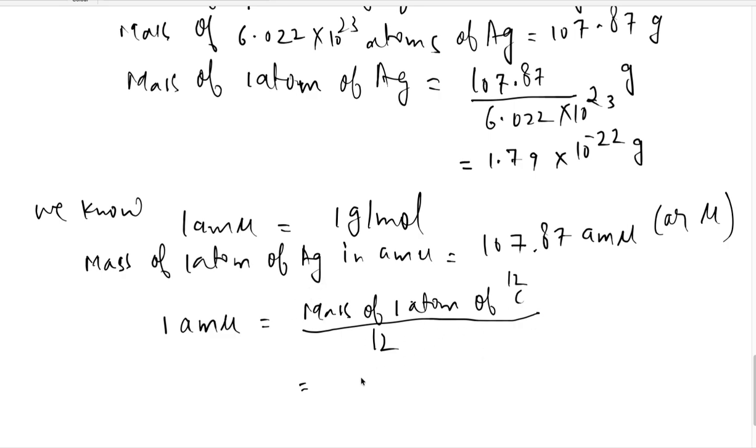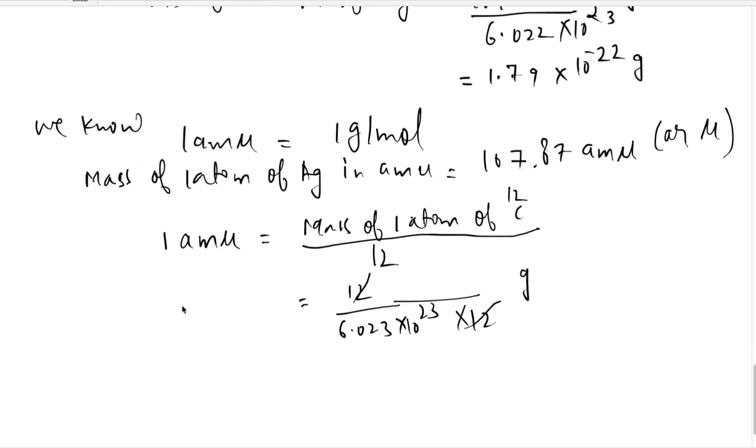So the mass of one atom of carbon is 12 divided by 6.023 into 10 to the power 23, divided by 12. The 12 cancels out. So 1 AMU is 1 over 6.023 into 10 to the power 23 grams.